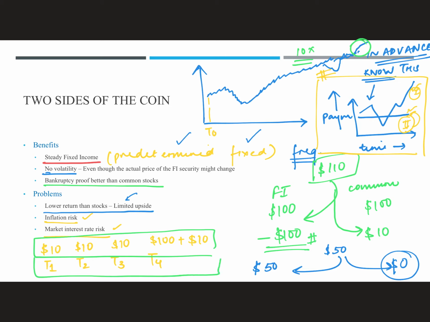Well, things get expensive as time passes. Usually they get expensive. So the amount of stuff that you will be able to buy from this $10 will be higher than this $10. Why? Because in the long run, things get expensive. So if we increase the difference between T1, T2, T3, T4, let's say the difference between them is 2 years, 2 years, 2 years.